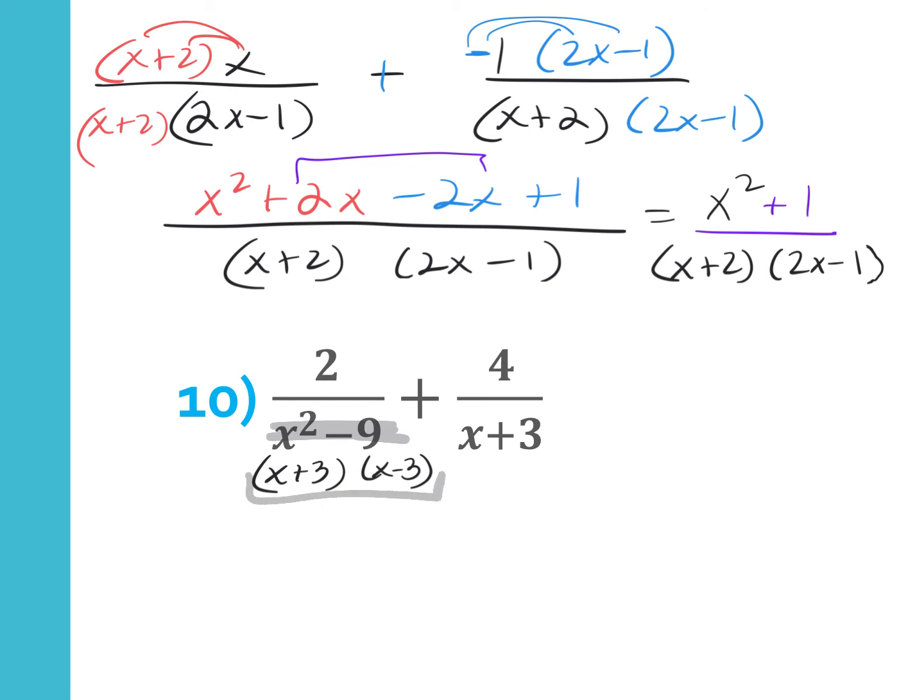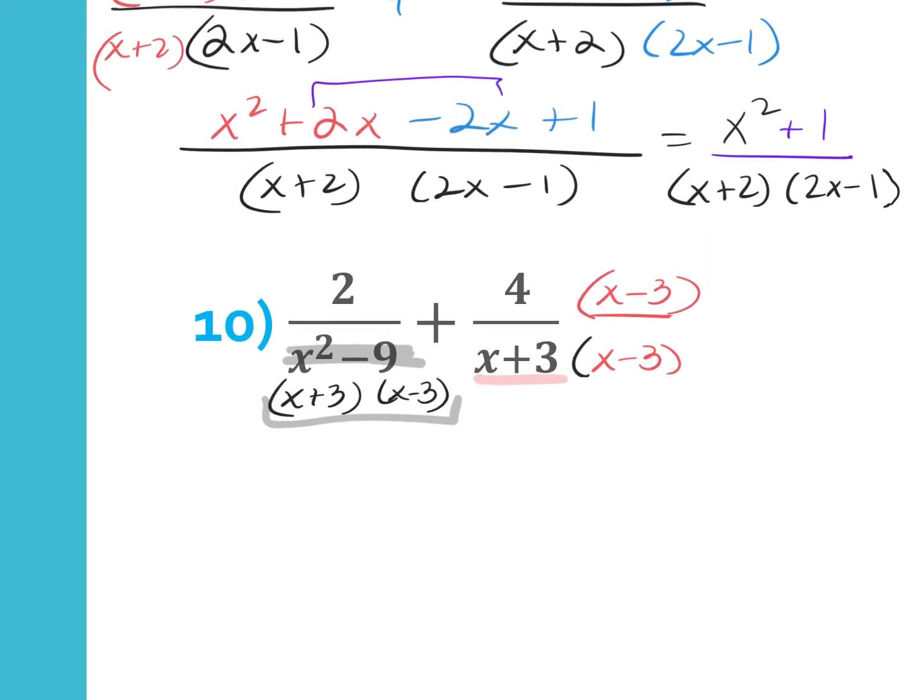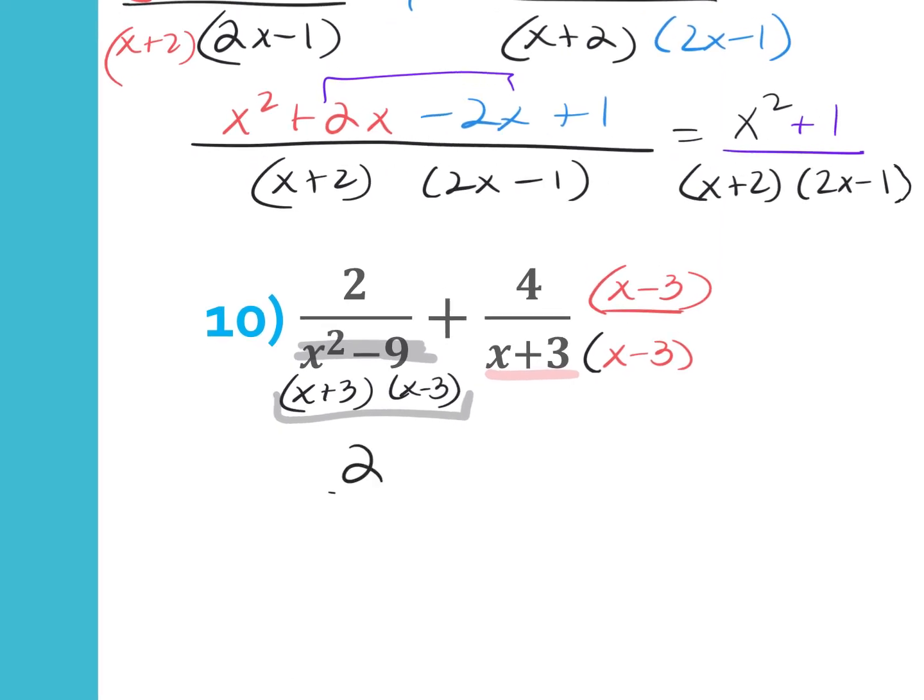Notice my common denominator is going to be x plus 3, x minus 3. This second fraction already has part of it. So the only thing it needs now to multiply is x minus 3. So the first fraction is done. It's 2 over x plus 3, x minus 3.